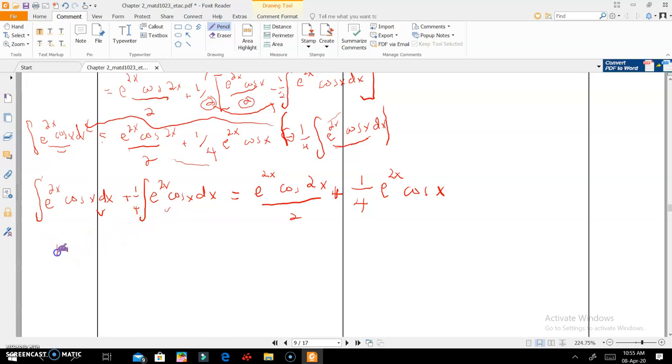So it will be actually equals to 1 plus 1 over 4 multiplied by the exponent of 2x cos x dx is equals to exponent 2x cos 2x over 2 plus 1 over 4 e to x cos x.